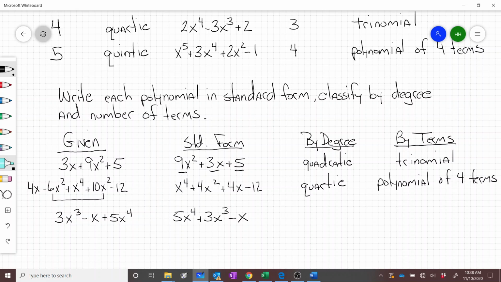By degree, we're quartic again. And by terms, in this case, we've got 3, so we're another trinomial. Alright, so that's writing polynomials in standard form and classifying them by degree and by number of terms.